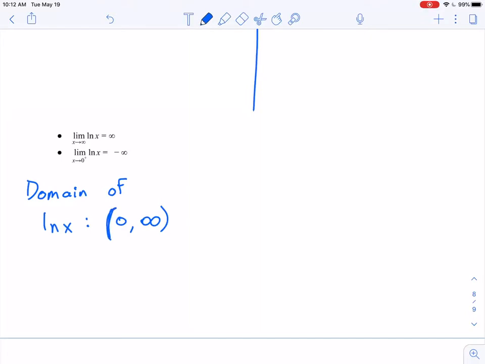The domain of natural log or any logarithm is only positive numbers, all positive x values here, so 0 to positive infinity. So it doesn't make sense for me to talk about the end behavior at negative infinity because our function doesn't exist over there. It's undefined.